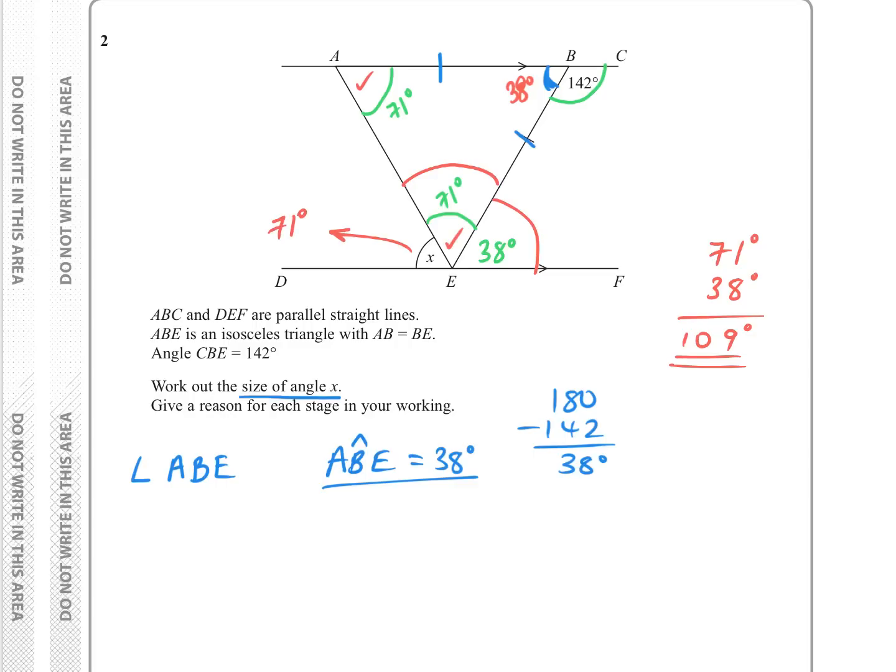And the reason being that angles on a straight line add up to 180. Just by looking at this question for the first time, there's so many different options. I can even say, look, here's another alternate angle. So we could have just stated that angle DEA is 71 degrees because they are alternate angles.